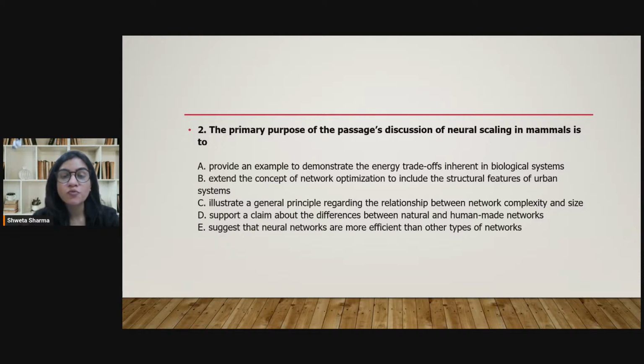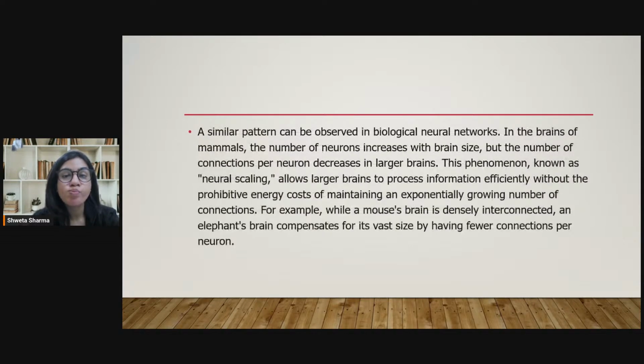Okay, let's move back to the paragraph once. Quickly refer to this.